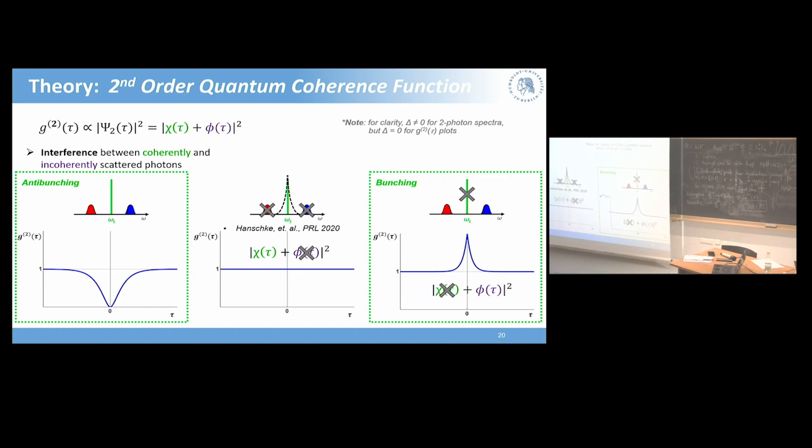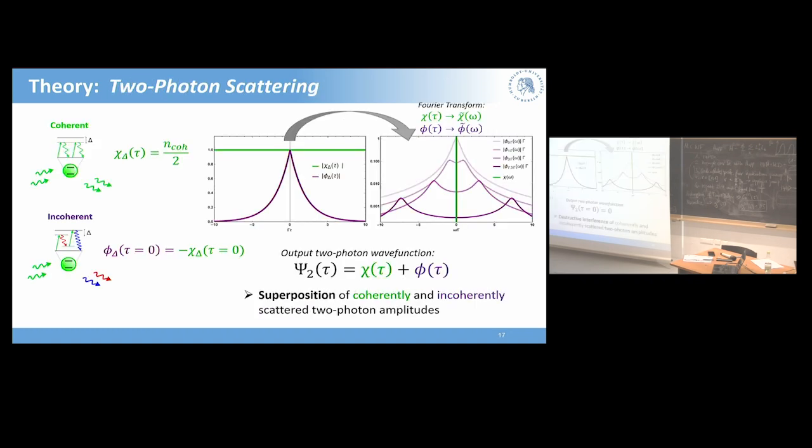Is that your question? No, my question is, do you know what's the spectrum of the blue and the red? The blue and the red, yeah, it's the Fourier transform of this function, and so this is the spectrum of the blue and the red. It's the Fourier transform of the exponential. If you have very large detuning, then these are two Lorentzians. Yes, exactly.